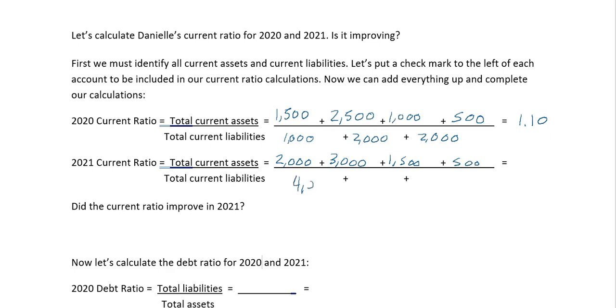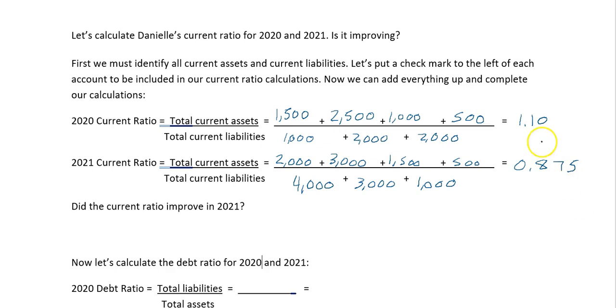We still have the same current liabilities from last year. 4,000, 3,000, and 1,000. Once again, adding the numerator and dividing it by the sum of the denominator, we'll get a current ratio of 0.875.